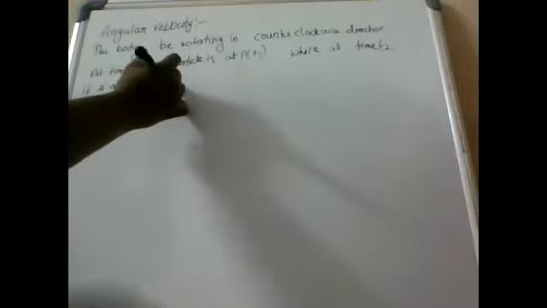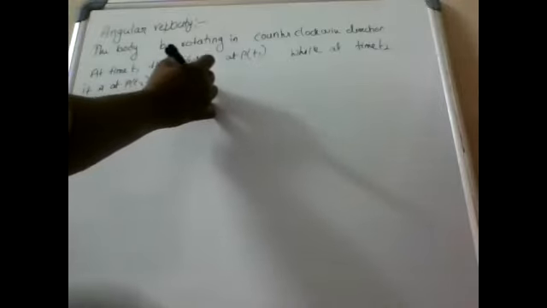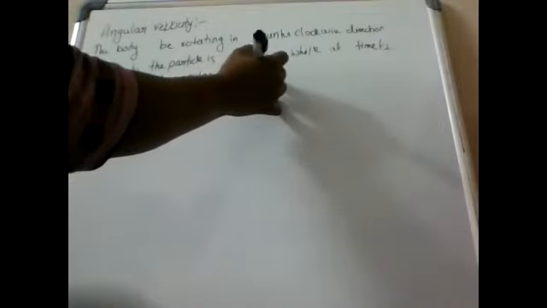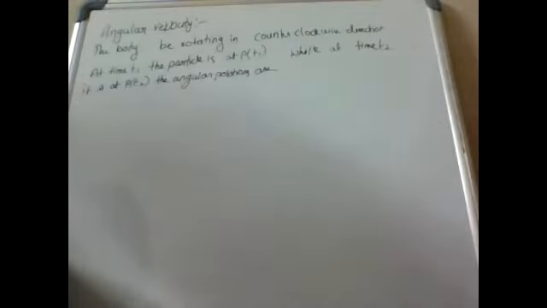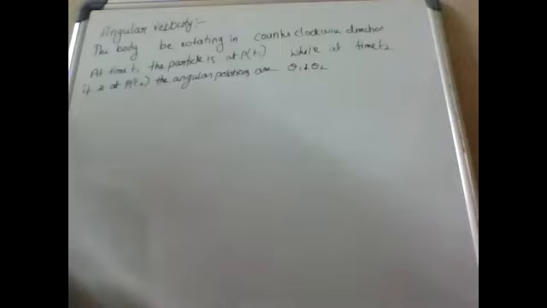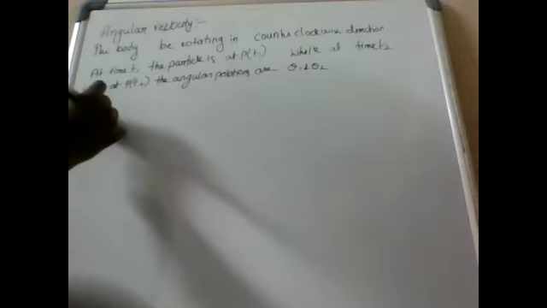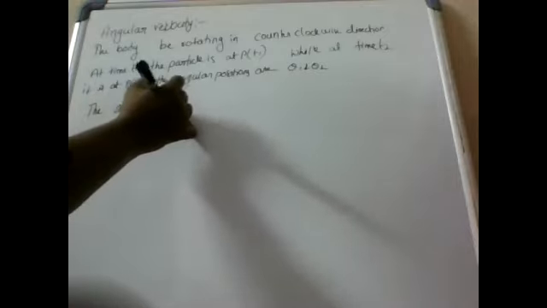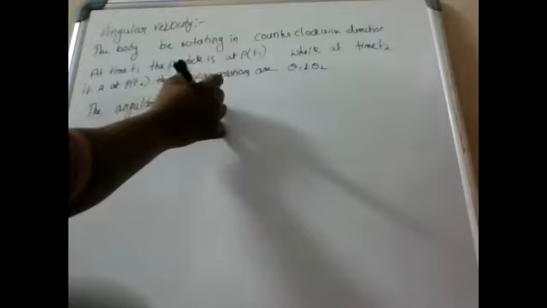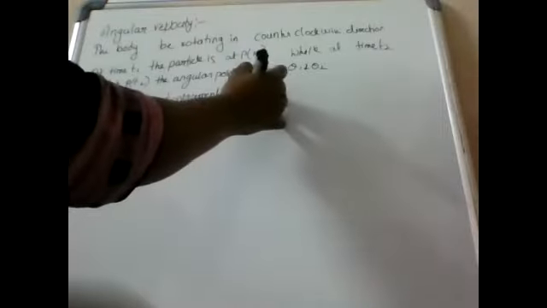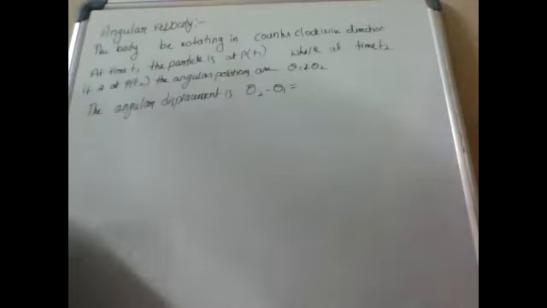The angular positions are theta1 and theta2. Therefore, the angular displacement is theta2 minus theta1 equal to delta theta.